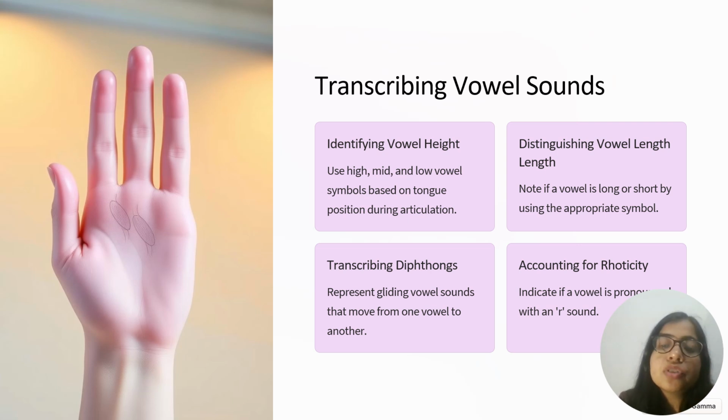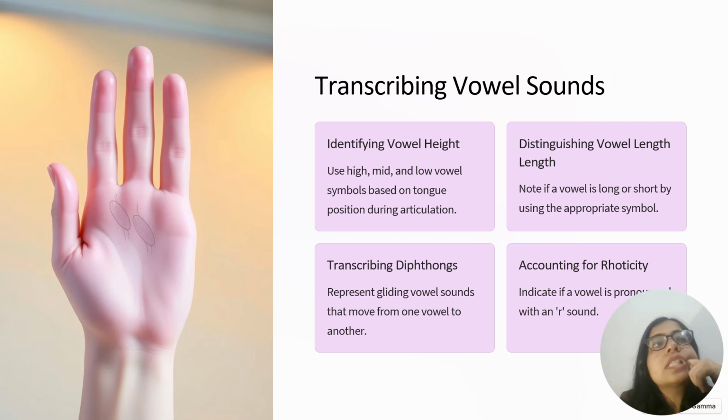Then distinguishing vowel length. Note if a vowel is long or short by using the appropriate symbol. Then comes transcribing diphthongs. Represent gliding vowel sounds that move from one vowel to another.